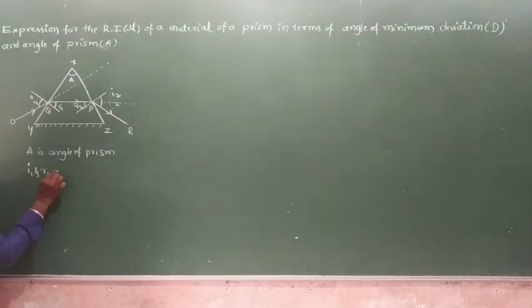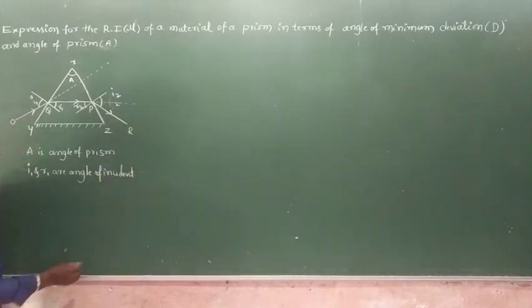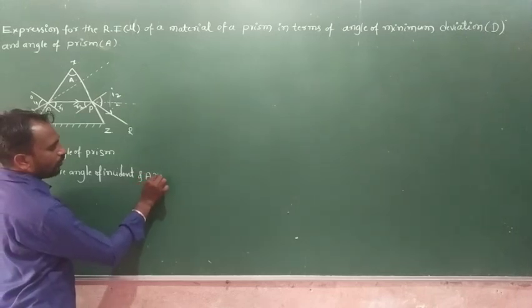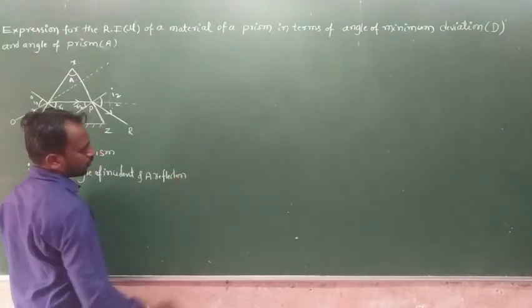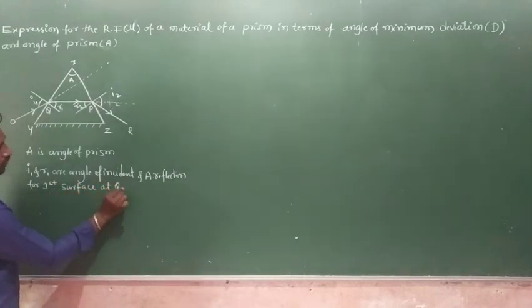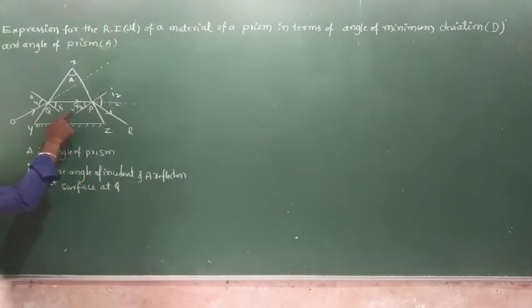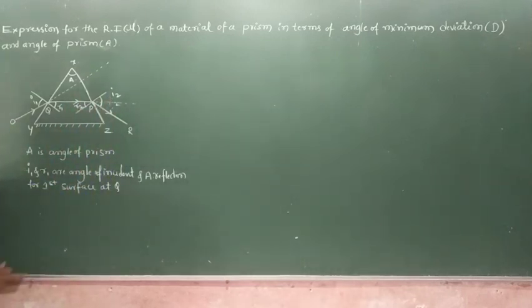I1 and R1 are the angle of incidence and angle of refraction for the first surface at Q. Next, R2 is the angle of incidence, and I2 we consider the angle of refraction.